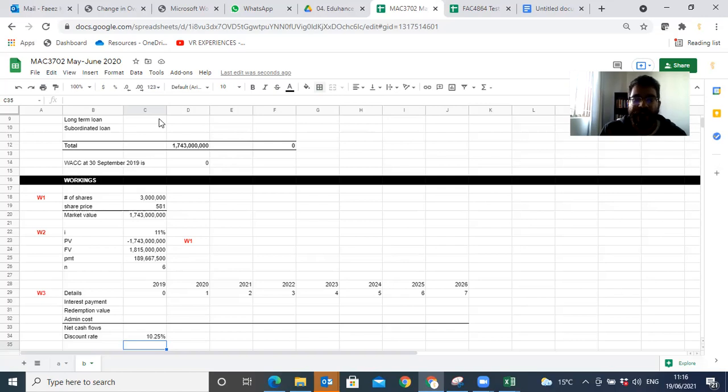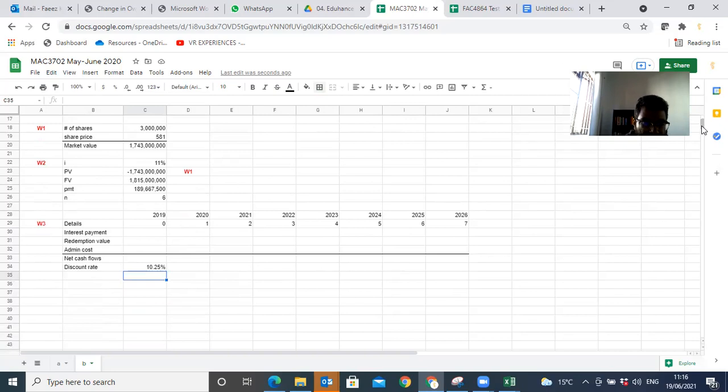Not any cost of finance, it must be the market rate relating to that source of finance. In an investment decision, in capital budgeting, the discount rate is not the cost of finance, but rather the cost of capital, which is WACC. Okay, so this will give us the present value, or this will give us NPV, present value.